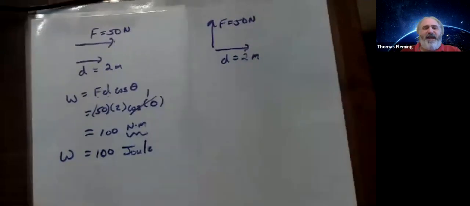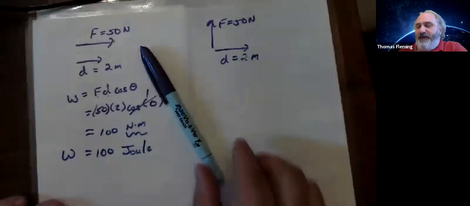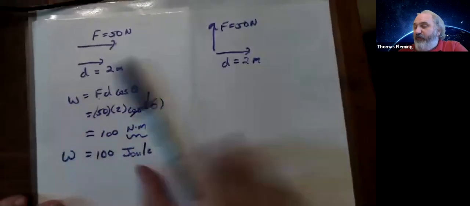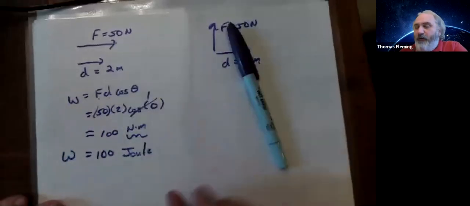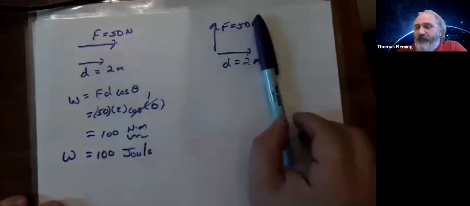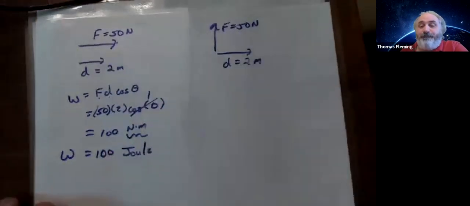Now, how might that happen? Well, imagine I've got this pen and there's a force from the table pushing upward. That's like the normal force. So as I slide it across the paper, the force from the table is pushing upward, but the object's moving sideways. So that might be the example.